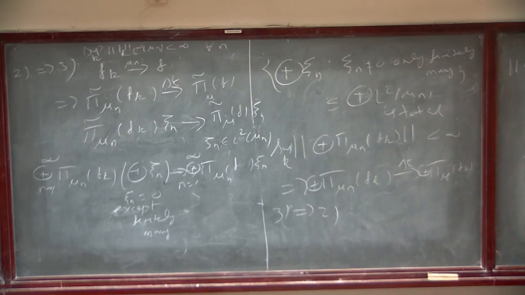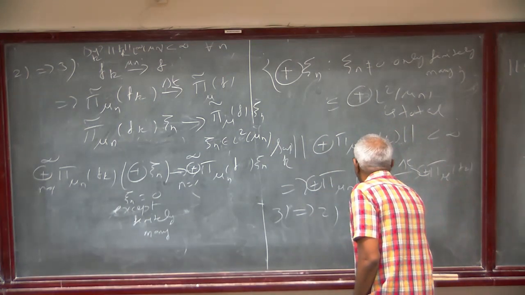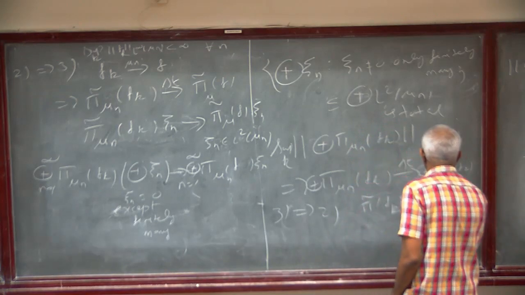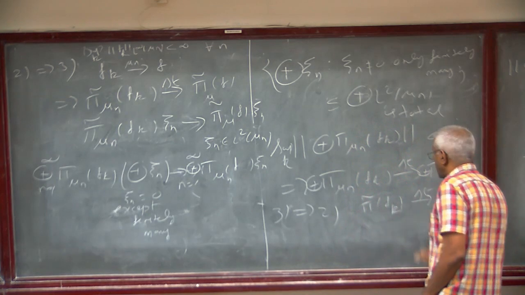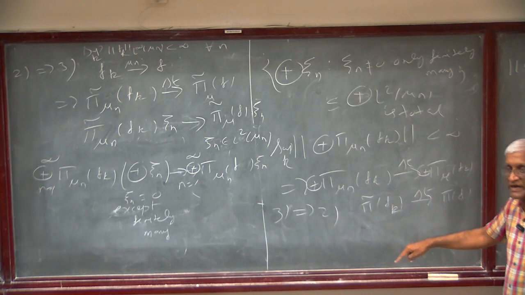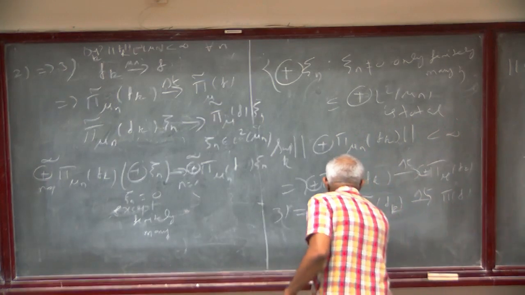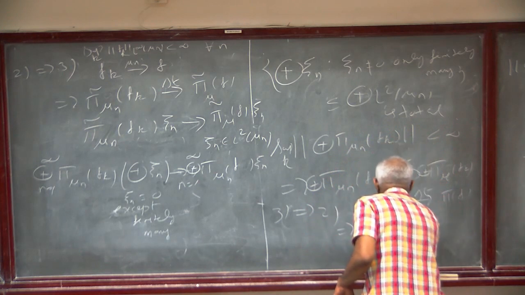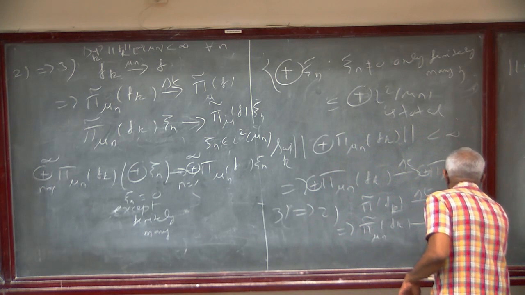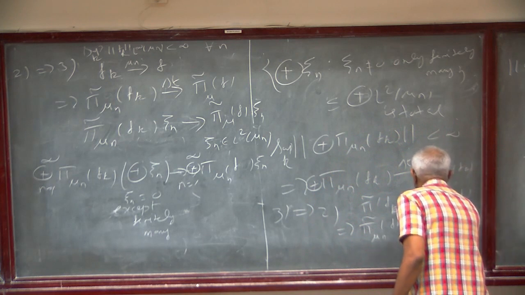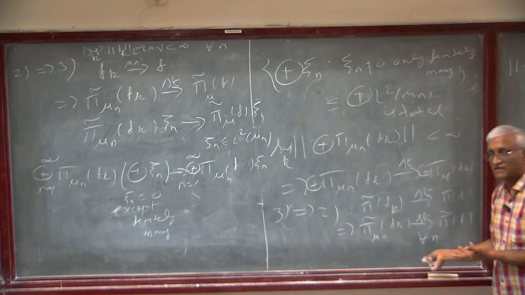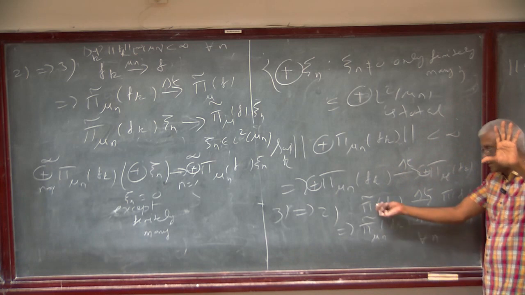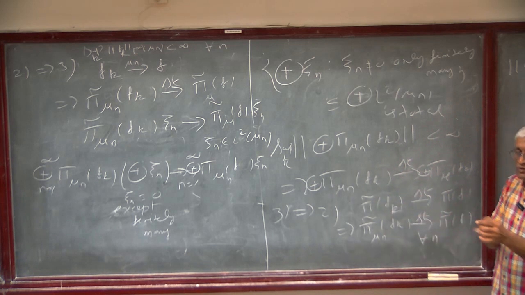3 implies 2. So suppose fk converges; on each coordinate it will converge. Up to the unitary, pi delta of fk converges to pi delta of f. Pi delta, as I said, is defined by the unitary.